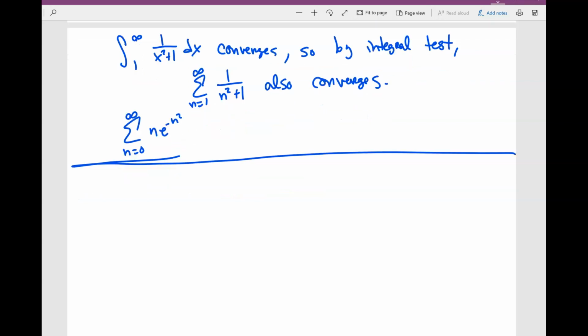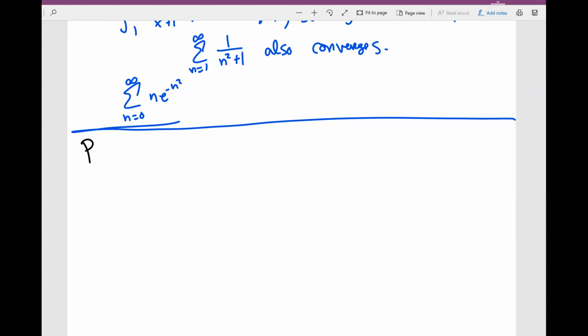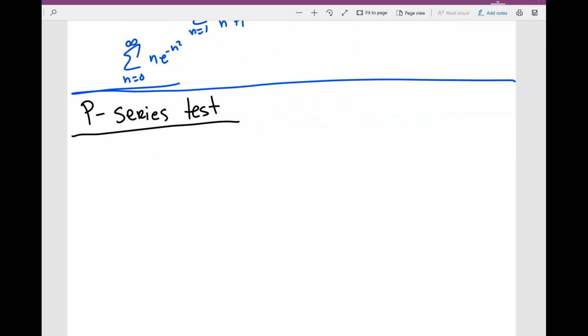Now, the last thing to talk about is p-series. You can think of this as another test. What the p-series test says is the following.